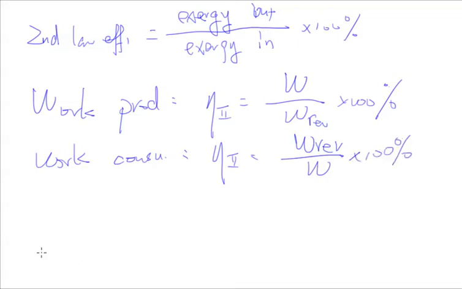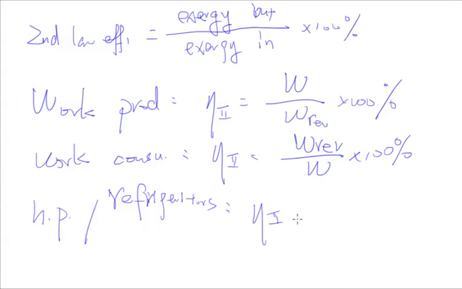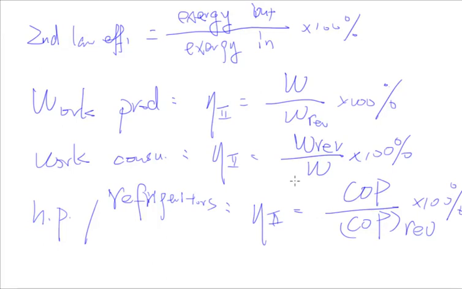And for heat pumps or refrigerators, the second law efficiency is defined as the coefficient of performance divided by the coefficient of performance over a reversible process. For second law efficiency, it's always less than or equal to 1.